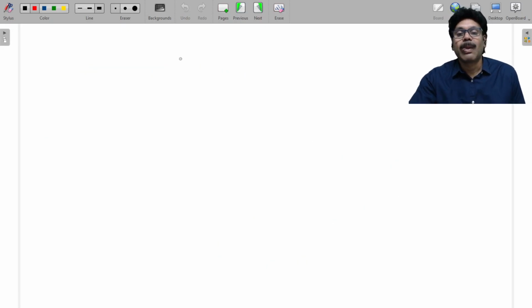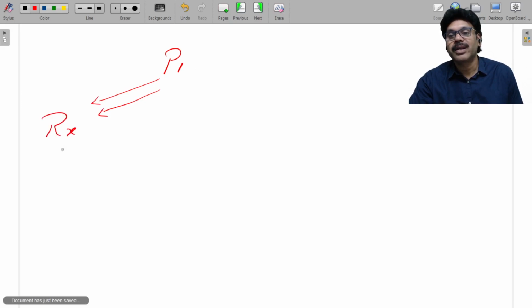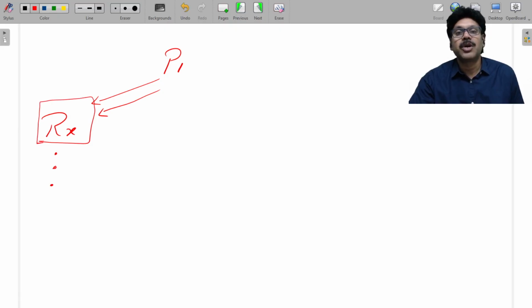Let me show you one more example. There is a process P1 that requested two copies of Rx. Rx has three copies. Please comment whether it is possible to give to P1 or not.